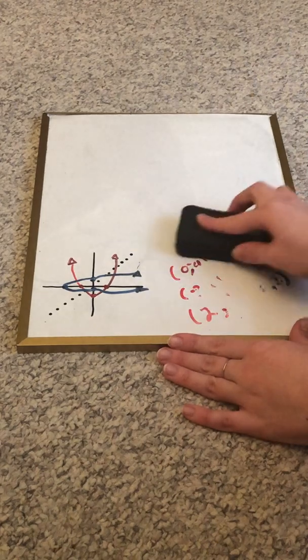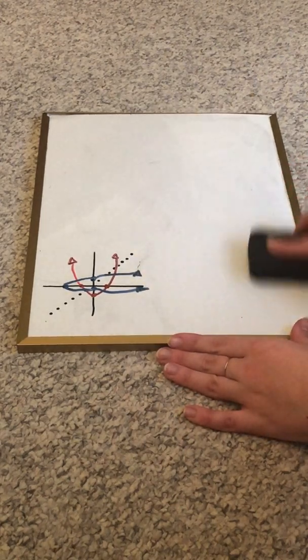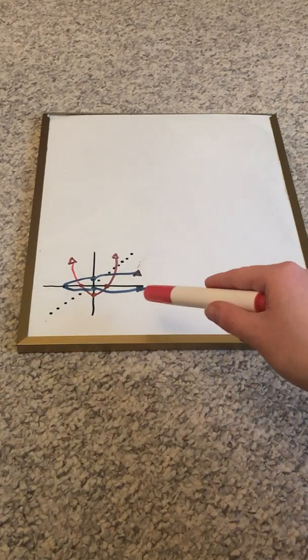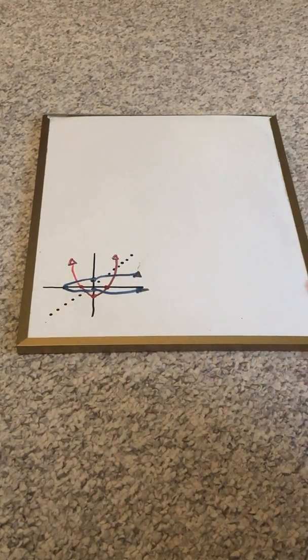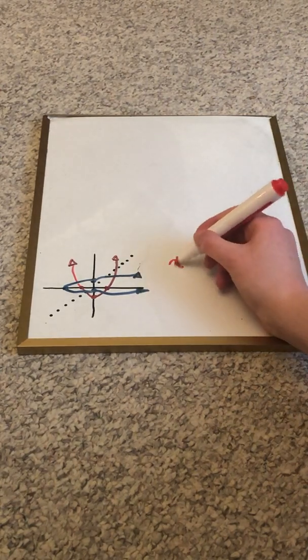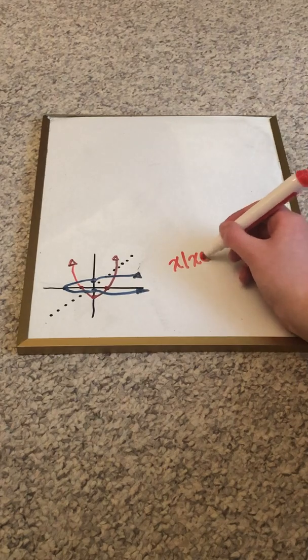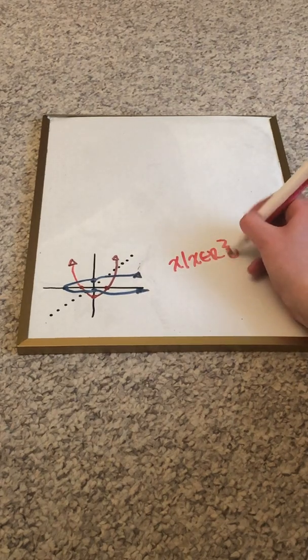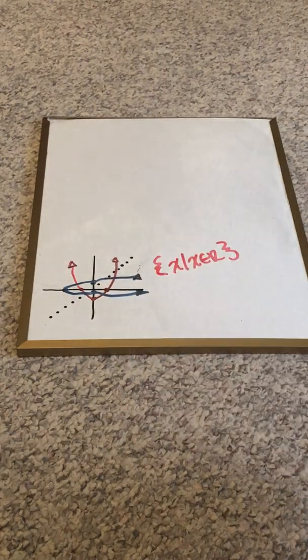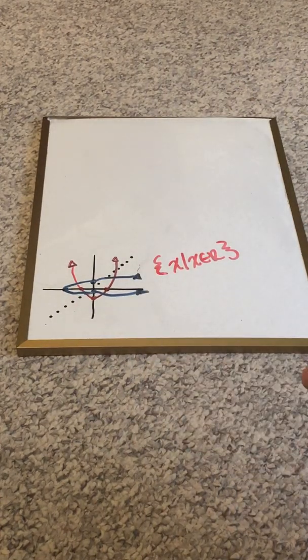So I'm just going to go ahead and erase this. So our original graph is this one in red here. And the domain on our original graph is x such that x is an element of the real numbers. So this graph can go to the left and to the right forever.